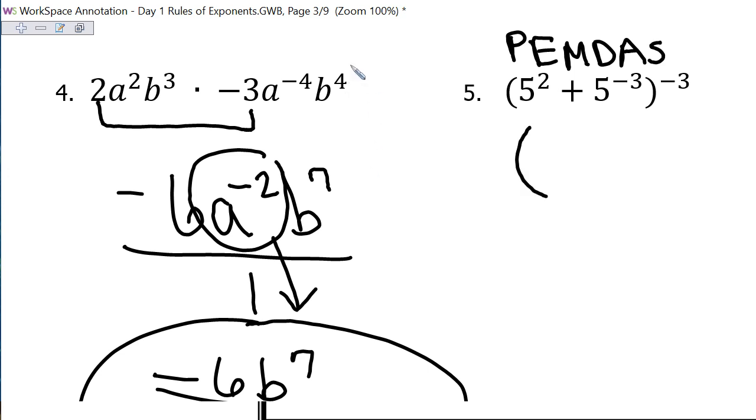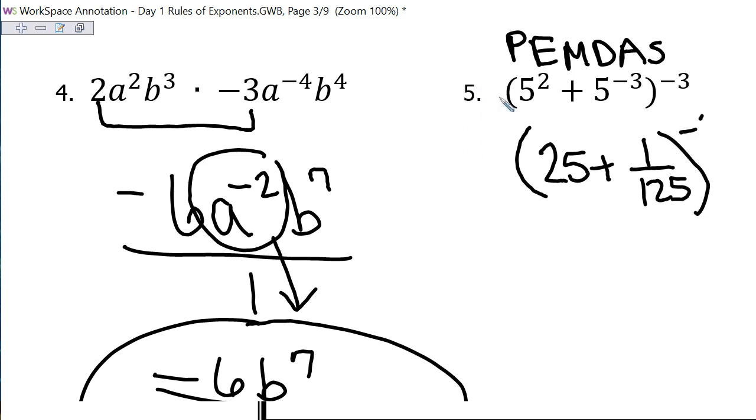So simplify our exponents. What is 5 squared? 25. And what's 5 to the negative 3? 1 over 125. So we have 25 plus 1 over 125, all to the negative 3 power. So I just took care of my exponents. Now I'm still working inside the parentheses. So now I need to do the addition.